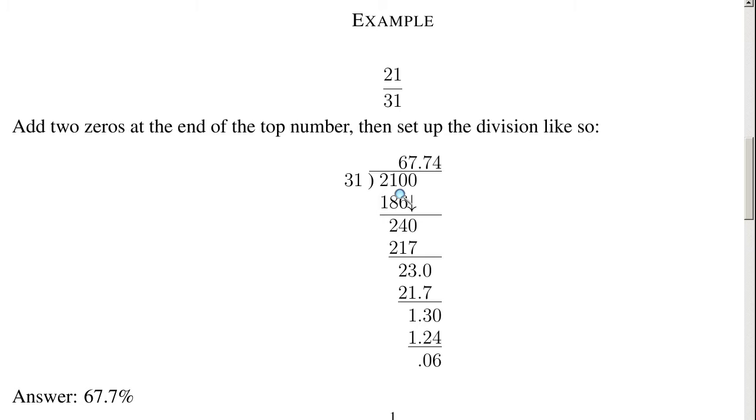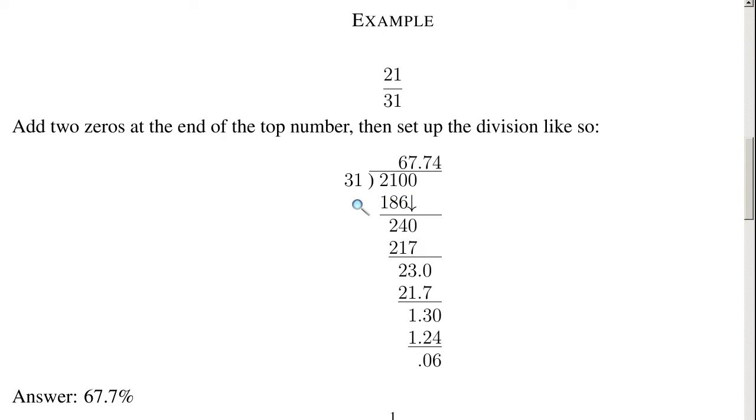We're dealing with a 2-digit number dividing into a 3-digit number, so that's going to be hard to deal with. A trick is to just take the 3 and the 21. How many times does 3 go into 21? Well, it goes 7 times.